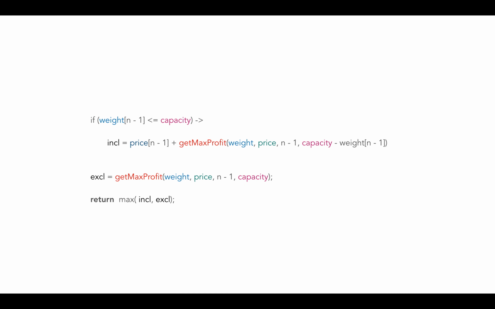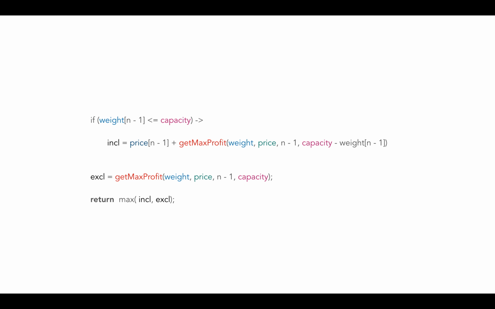So this is the case when we are including the current item. But what if we exclude the current item? So we have to calculate that profit as well. So here we are calculating get max profit for the remaining items with the current capacity. And then we find the maximum among these two, and then we return it.